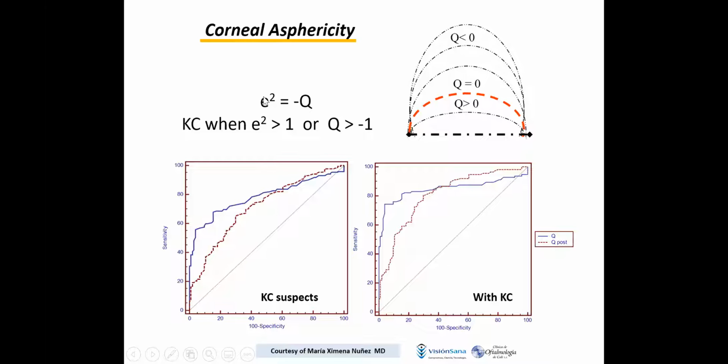We have to say that epsilon square is the same as minus Q. And these ROC curves will tell us how good the index we are going to study is. The perfect index will have this vertical line go to 100, no false negatives, and the line goes completely horizontal, no false positives.